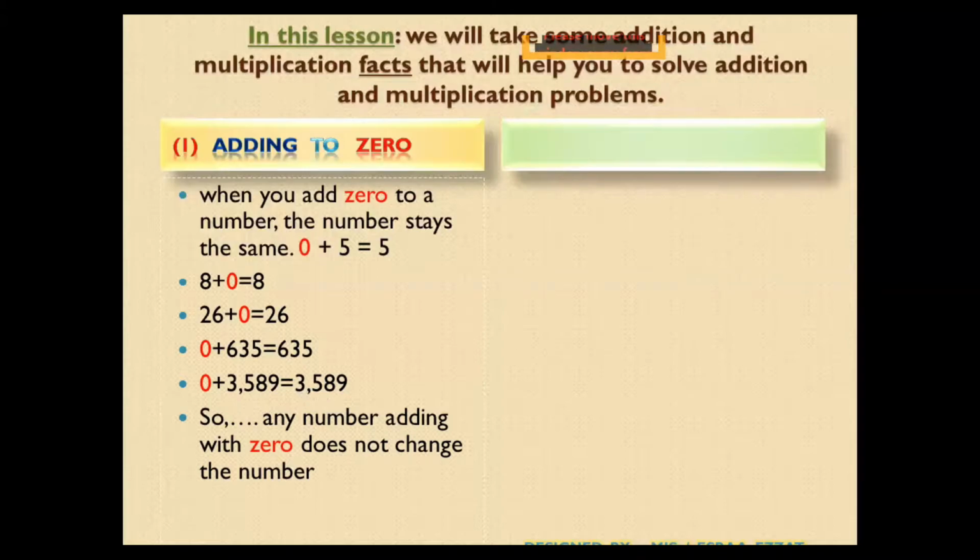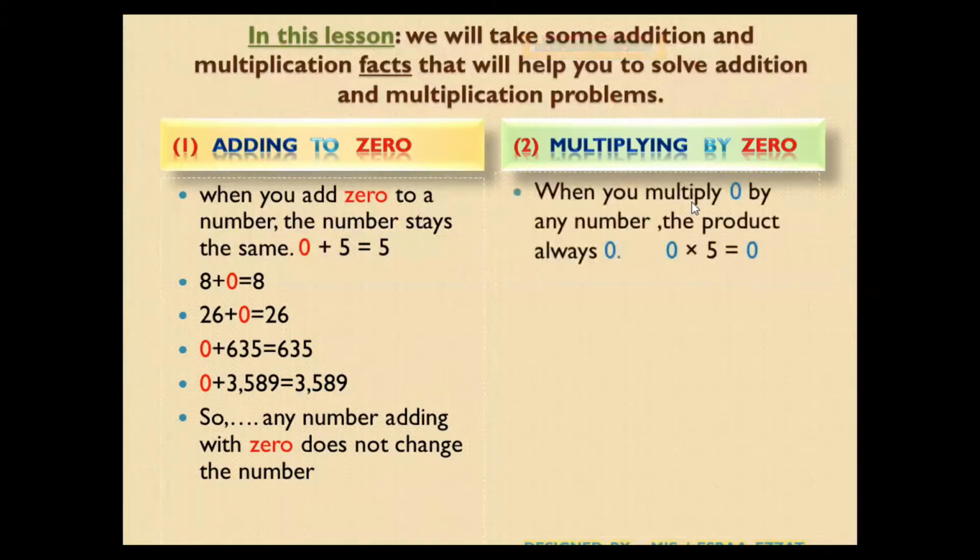The second fact in our lesson is multiplying by 0. When you multiply 0 by any number, the product is always 0. Here we have 0 by 5 equals 0.